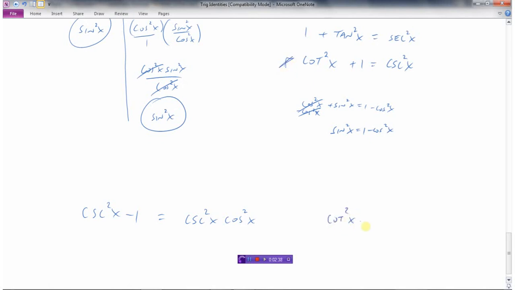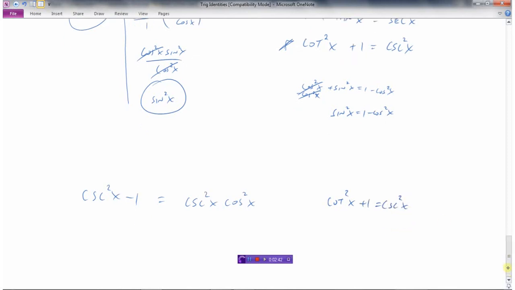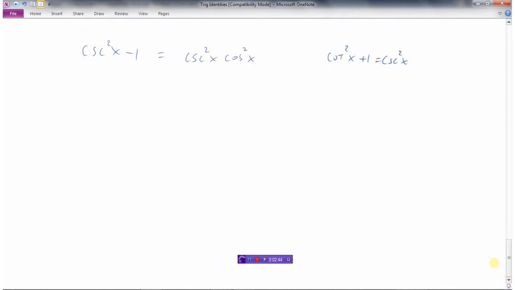So cotangent squared x plus 1 equals cosecant squared x. I need to get cosecant squared x minus 1. So if I were to minus 1 from both sides, the identity would look like cosecant squared x minus 1 equals cotangent squared x. Put the little line down between the two.